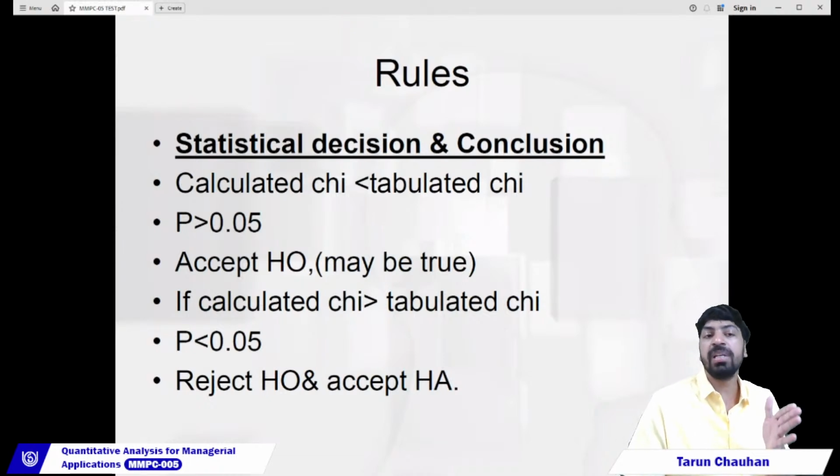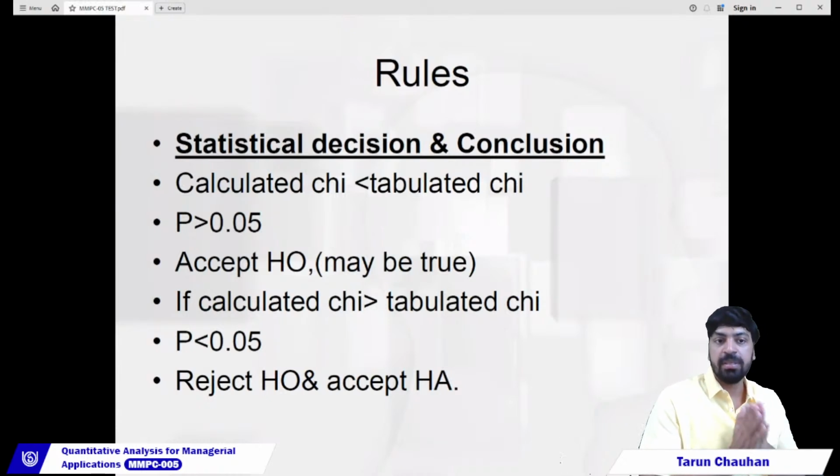So the first rule is if the calculated chi-square value is less than the tabulated chi-square value, it means the null hypothesis will be accepted. It means the null hypothesis may be true. And that is the first rule of how to conclude your hypothesis statements.